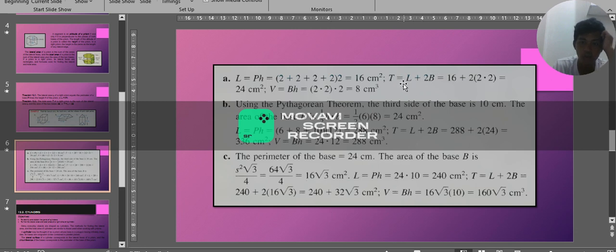Of course, we need to add the other two. The lateral area would be 16 centimeters squared plus 2B. 2 times 2 is 4, times 2 is 8. 16 plus 8 is 24 square centimeters. That's the answer.